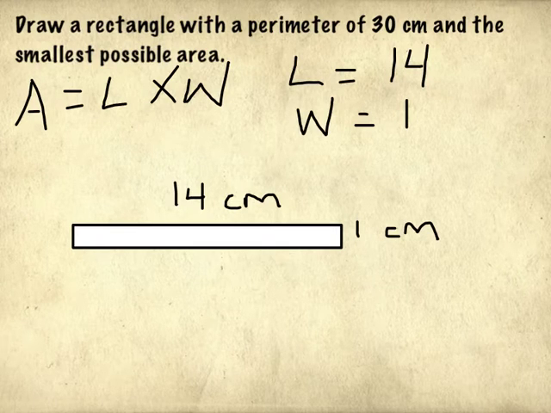So hopefully that makes sense. To get the smallest possible area, I just needed to take my perimeter, which was 30, realize that the length and width of half of it would be 15, then find all the numbers that could add up to 15 and try multiplying them to see which gave me the smallest possible area.